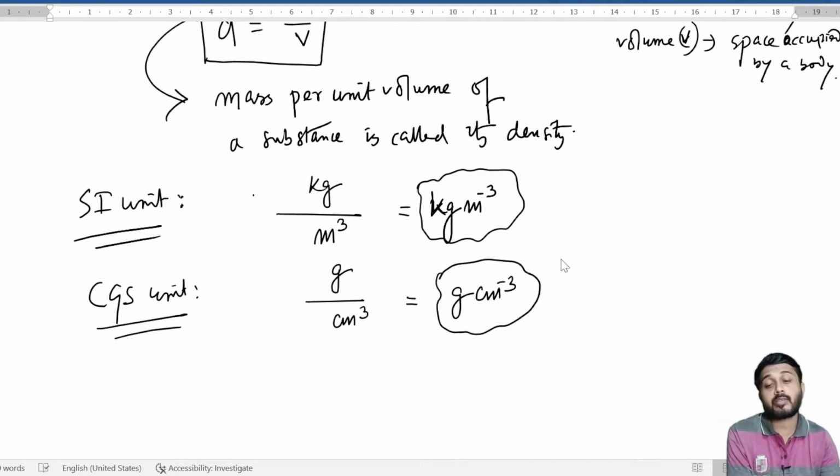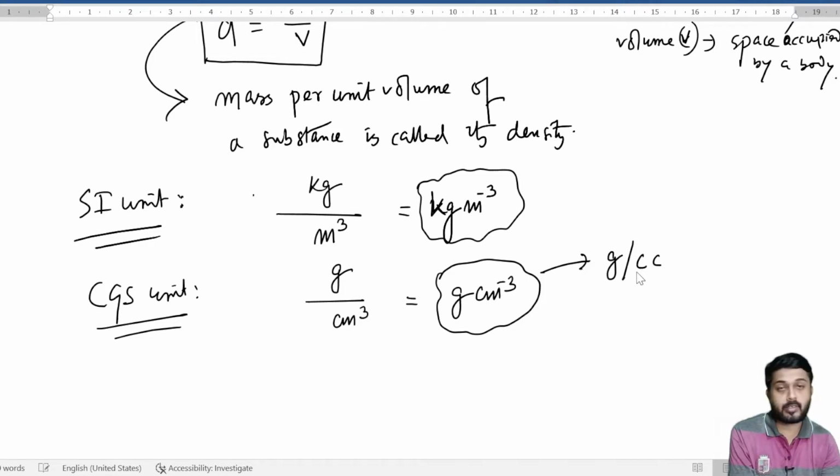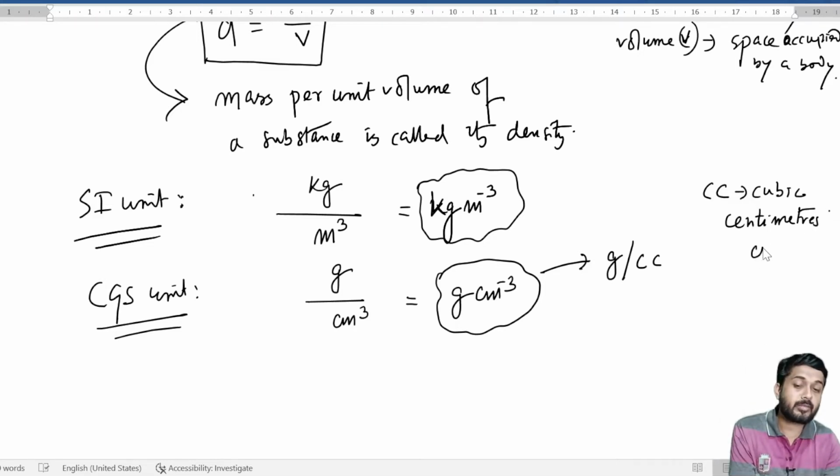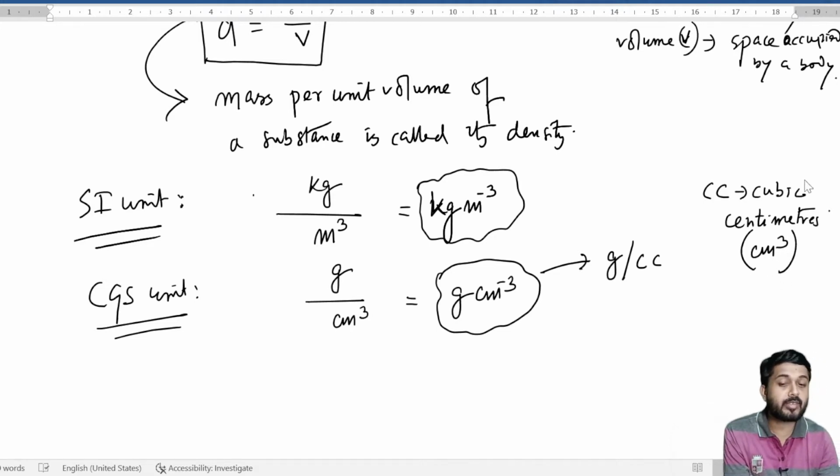Somewhere it's written like gram per cc. What is cc? Cc is nothing but centimeter cube. The full form of cc is cubic centimeter. This is nothing but centimeter cube only. Centimeter cube is said in this way also, cubic centimeters.